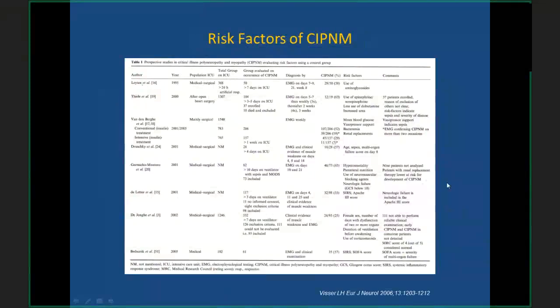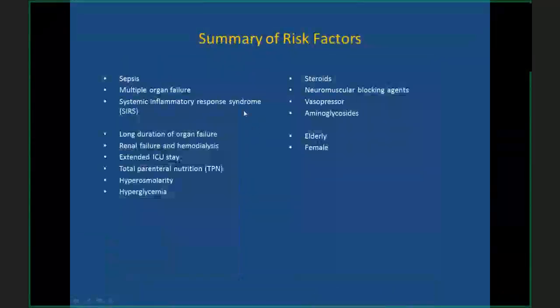Risk factors. Many studies try to figure out what kind of risk factors there are. This is a very busy slide, so I'll give a little summary. Basically, anything happening in the ICU could be a risk factor. There are no special ones.